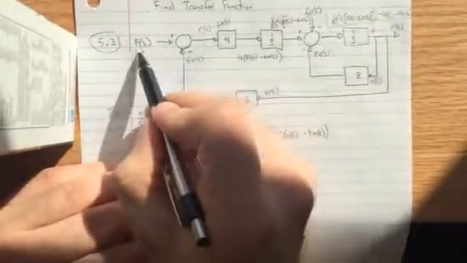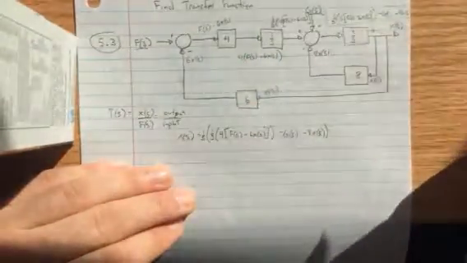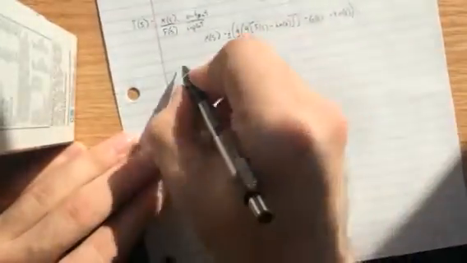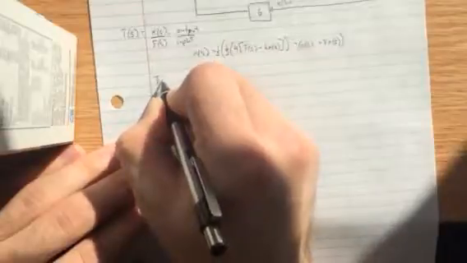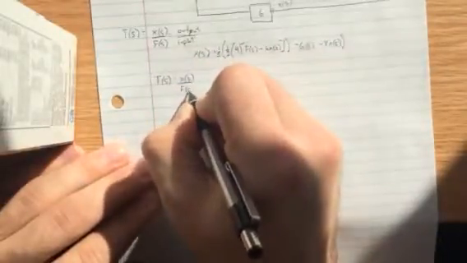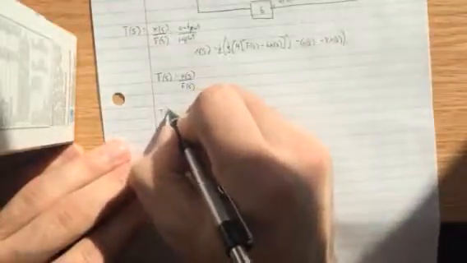Now for this block diagram, we note that there's 1, 2 inputs. So we're going to need 2 transfer functions. So one transfer function is going to be T(s) equals X(s) over F(s). And the other one is going to be T(s) equals X(s) over G(s), like that.